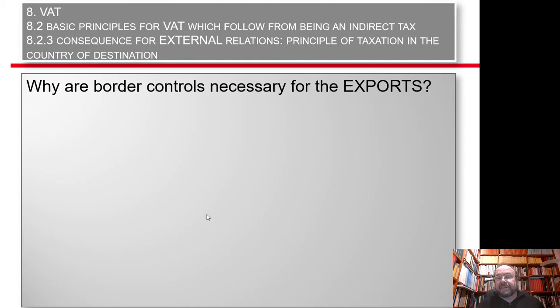And the second idea is, why are border controls necessary for the exports? That's a bit more difficult to grasp. But I give you a hint. Exports are tax-free. Now I'm a business owner, and I don't like to pay 20% on all my revenue.